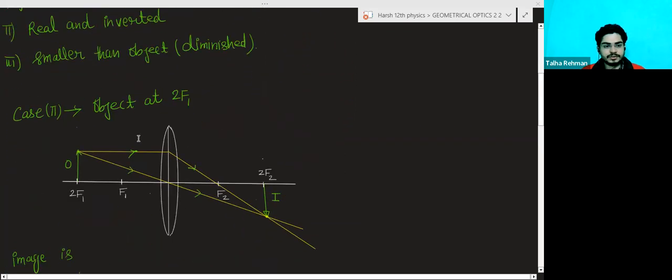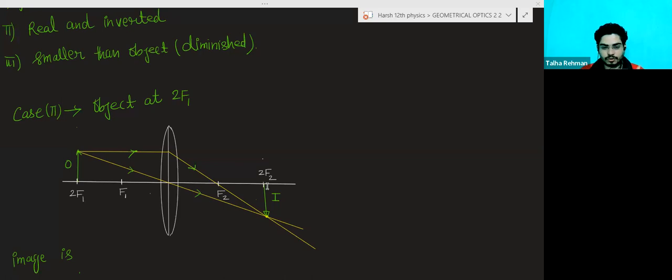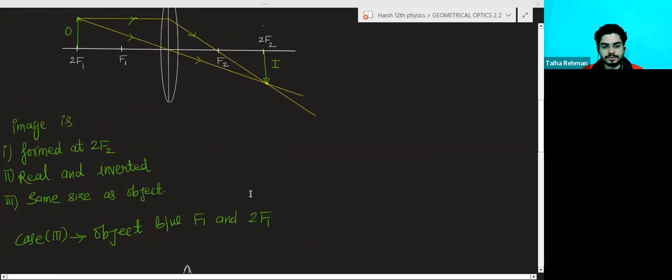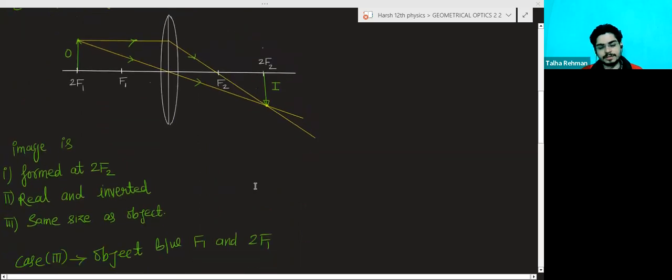After that, we discussed when you place the object at 2F1, then the image is also formed at 2F2. But this time the size of the image and the size of the object are the same, and the image is real and inverted.